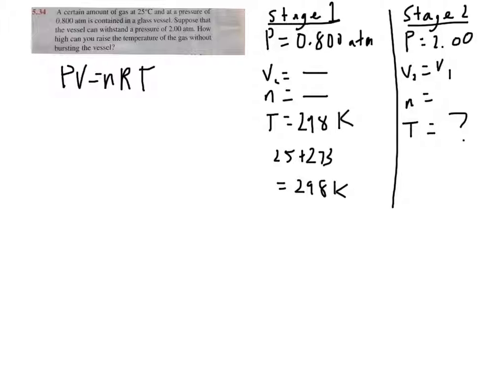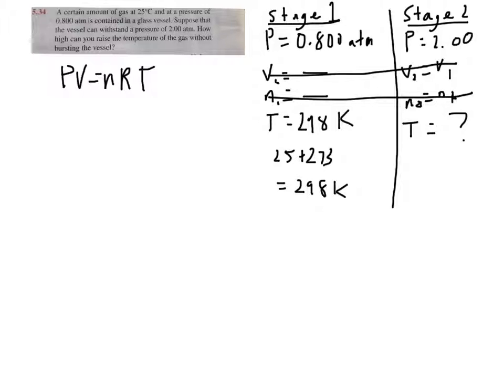Likewise, they say there's an amount of gas, but they don't talk about adding any more gas, so the moles is also constant. So n1 equals n2, they're the same. So for this problem, it's easiest to just cross these off because they're constant. They don't do anything for us. And so we're left with only pressure and temperature.